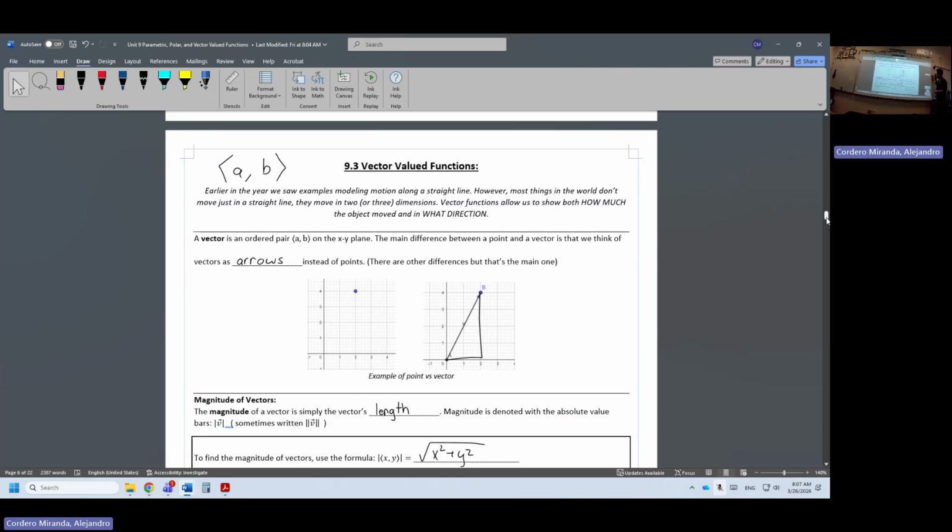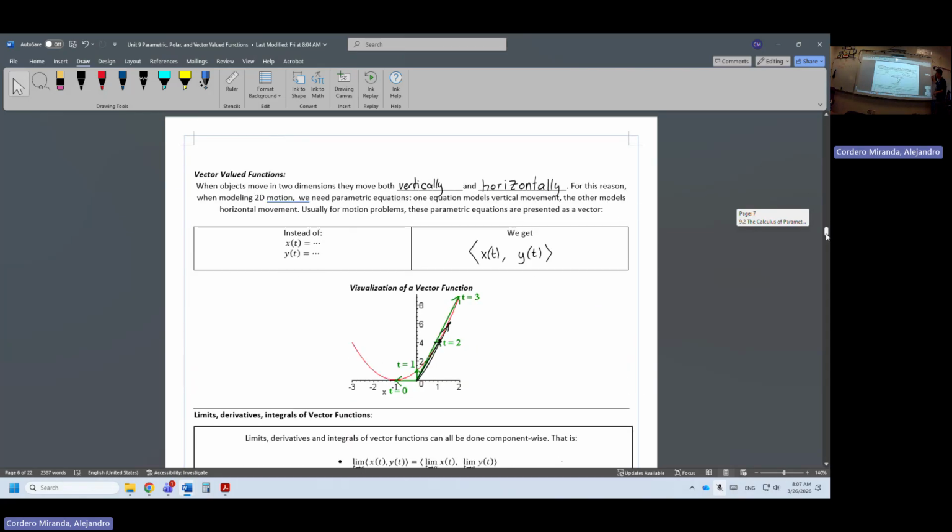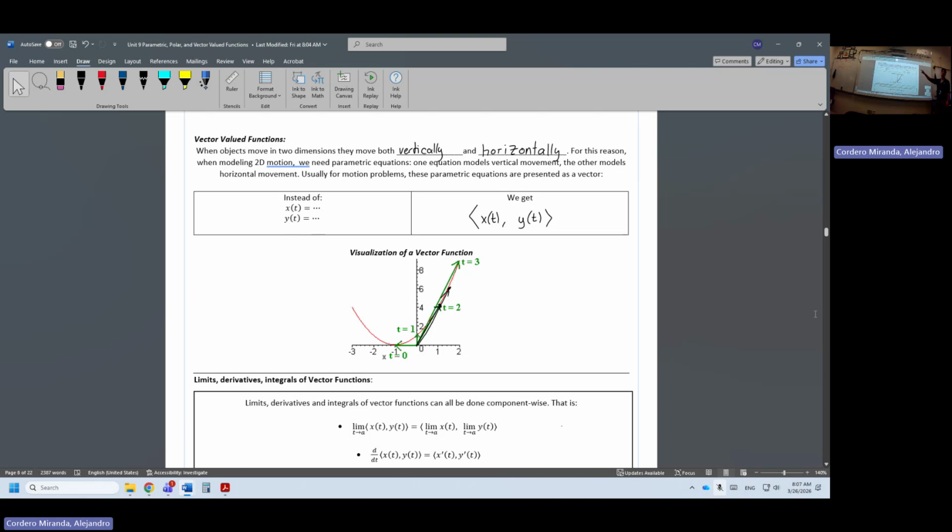And then we barely got into the calculus of them, talking about how vector functions are good for two-dimensional movement if you're moving that way and this way, or in some combination of that. Then you can bring it down into horizontal movement and vertical movement, and a vector valued function combines the two so that you get some sort of interesting movement in two dimensions.